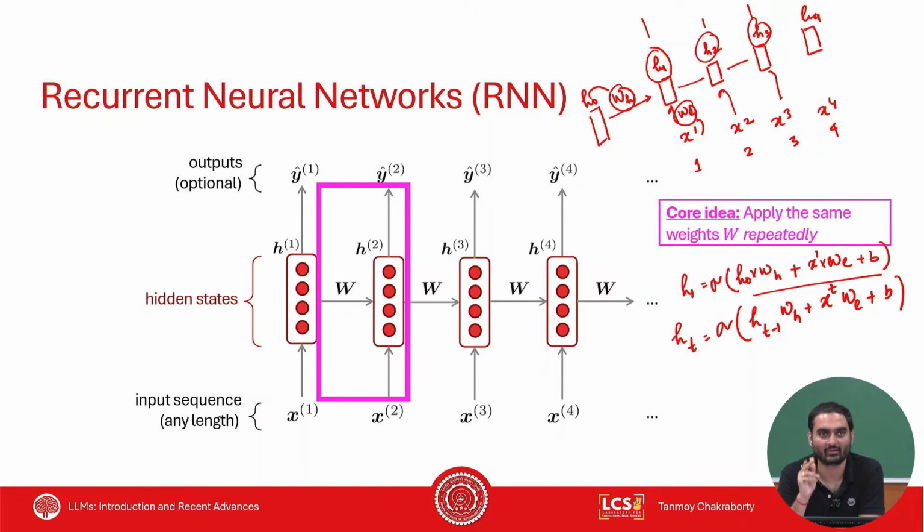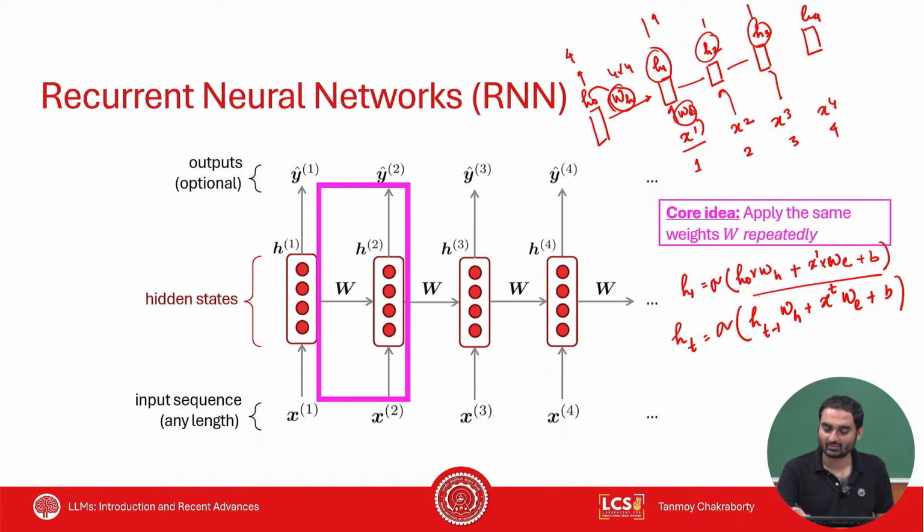And these matrices WH and WE are independent of the context size. There is no concept of context at all. But if you still want to consider the context, it is independent of the size of the context. What is the dimension of WH, by the way? Let's say the dimension of the hidden state is 4. It's a vector, and this is also 4. So the dimension of WH will be 4 cross 4.